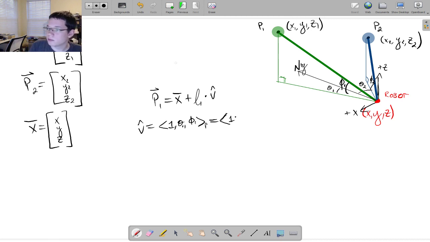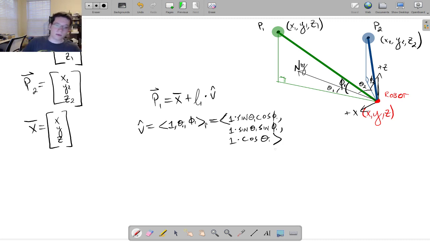1 times sine theta cosine phi, and then 1 times sine theta sine phi, and 1 times cosine theta 1.